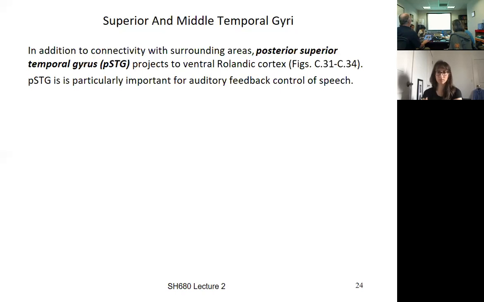As we mentioned, if you perturb auditory feedback, either pitch or formant frequencies, you get bilateral increased activation in the posterior superior temporal gyrus. This was a prediction we made with the DIVA model, and then we verified it with fMRI, and others have since verified it further. We call these auditory error maps. What they are doing in the model is basically detecting that the speech signal you're hearing isn't matching what you're trying to do.